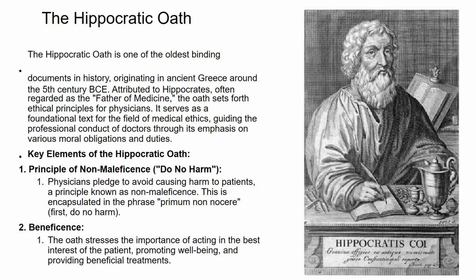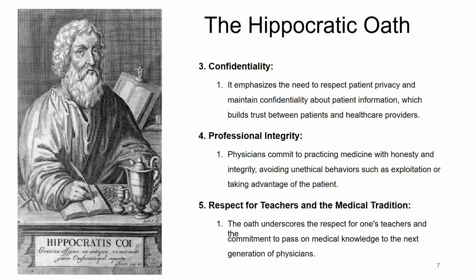The oath stresses the importance of acting in the best interest of the patient, promoting well-being and providing beneficial treatments. Then we have confidentiality. It emphasizes the need for the doctor to respect patient privacy and maintain confidentiality about patient information, which builds trust between the patients and the healthcare providers.